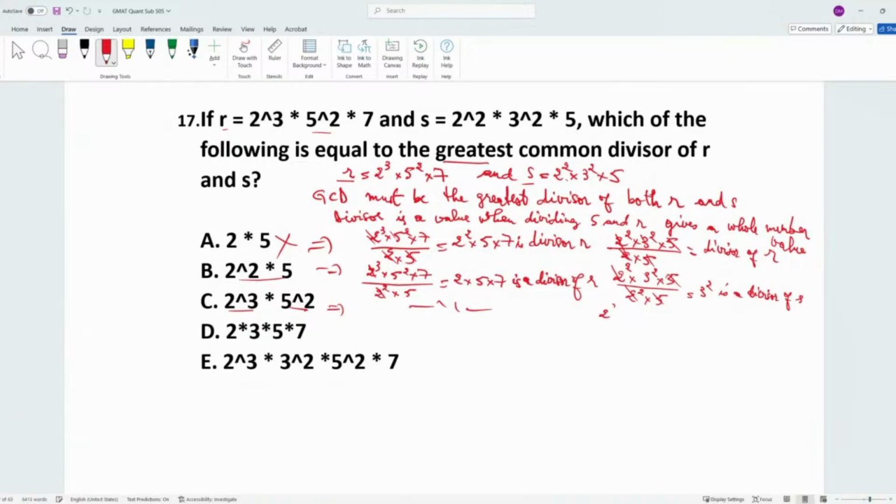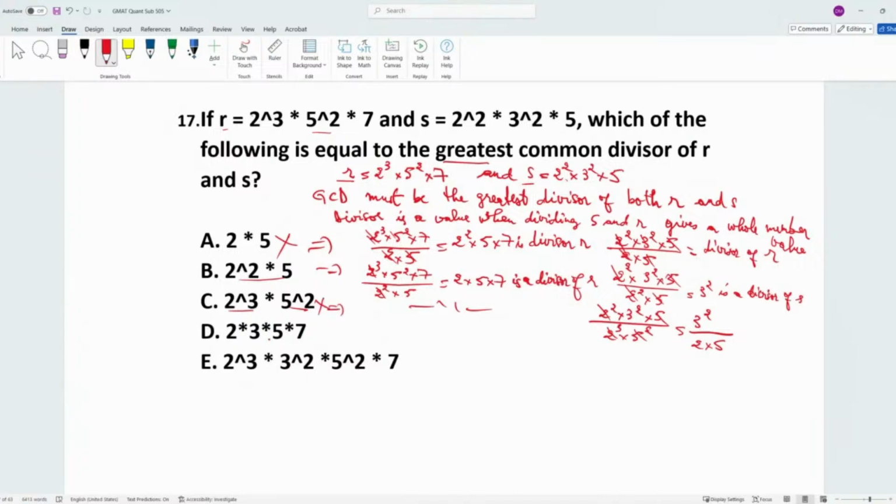So we will say 2 to the power 3, 2 times 5 over 2 to the power 3 times 5 to the power 2. So now we see this will not be a divisor. So this basically is a decimal number if we try to continue this calculation. So this is also out.